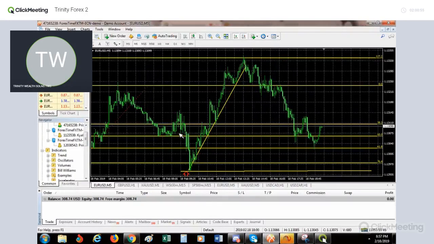Then it reaches 50, I see this kind of rejection, these tails, and when I look to the left, there was a lot of resistance there, so now there's support, so I can comfortably buy. When I buy, my stop loss is still down here. As soon as we cover psychology and risk management, we look more at risk-reward ratios: which trades to let go, and which trades you feel you have to take.